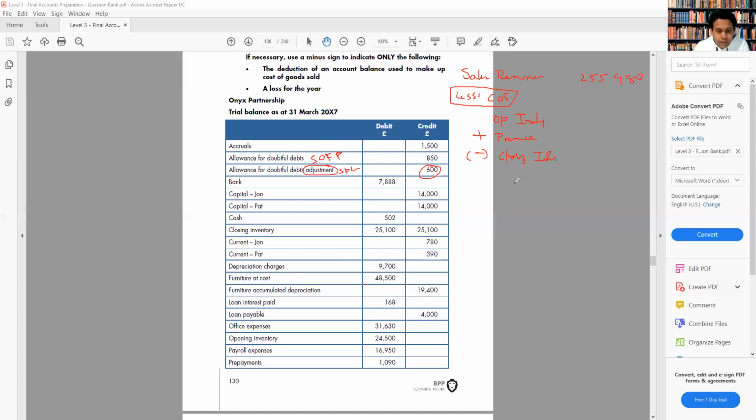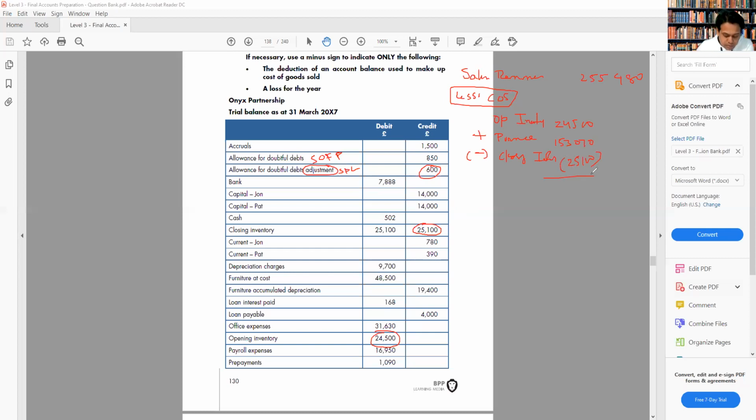The opening inventory is 24,500. Purchases, how much is the purchase we have here? 153,070. And the closing inventory is 25,100, isn't it? That's the minus.